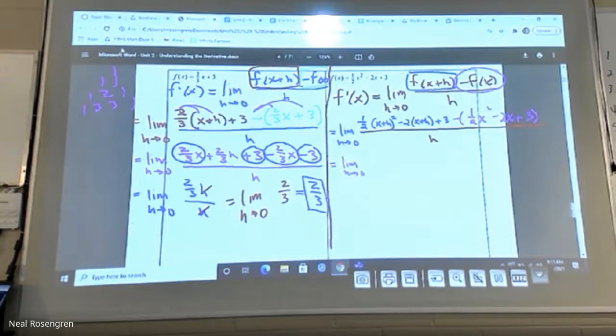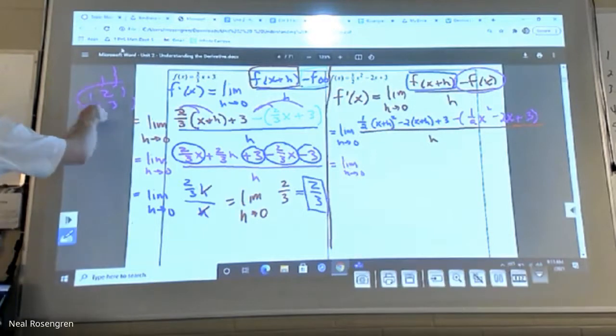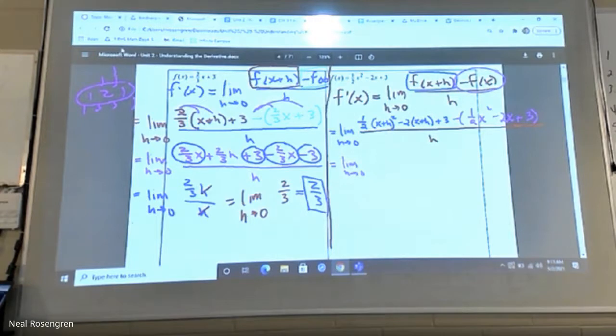Okay. Second number in is the line you want to be on. Those are my coefficients. And the exponents go from 2, 0 to 1, 1 to 0, 2. And hopefully you get to the point where that happens so fast. But if you need to do x plus h times x plus h and actually multiply it out, I'm totally fine with that.